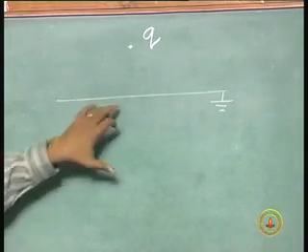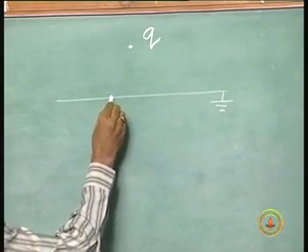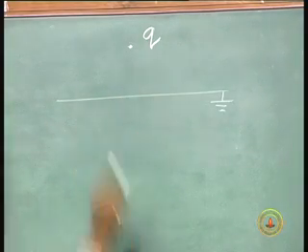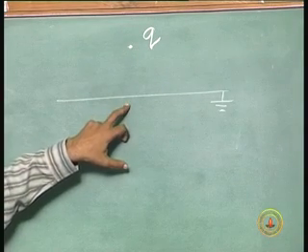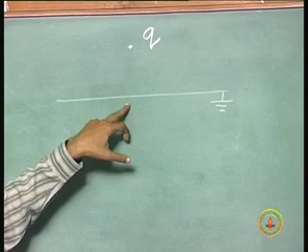This problem is difficult because I do not know what charge is present on this plate. What I know is the potential. Therefore, I can't apply Coulomb's law.